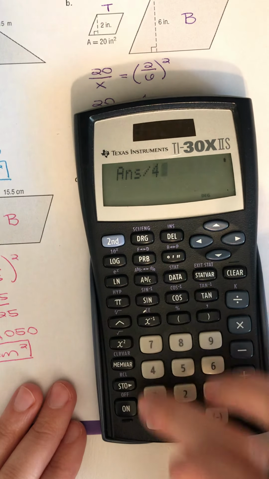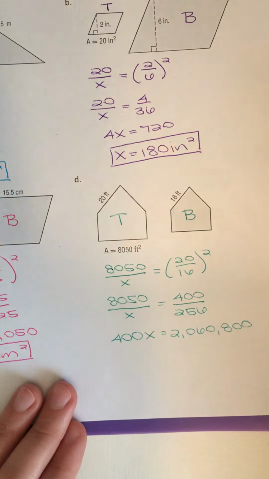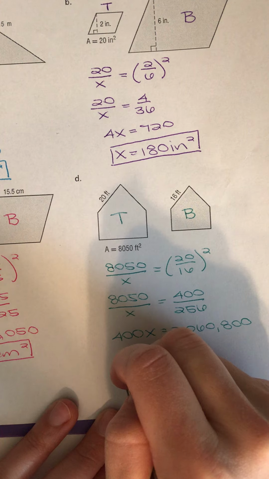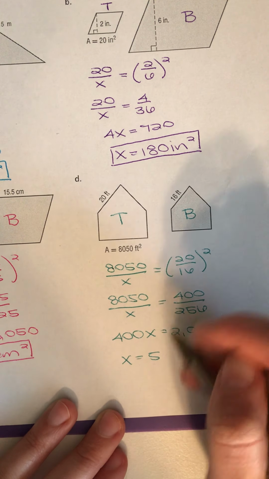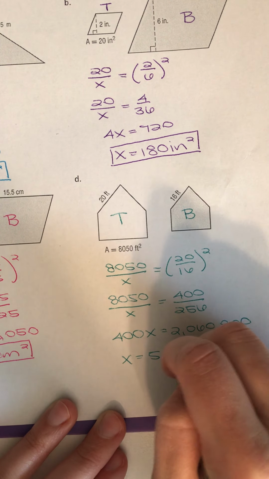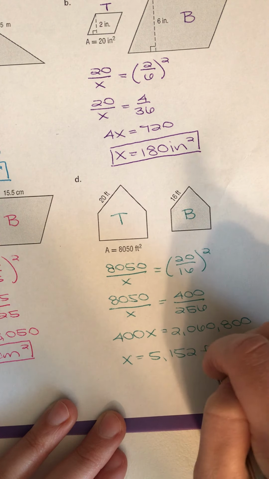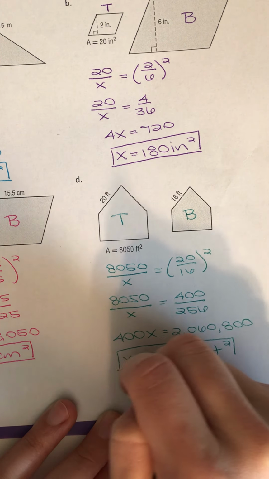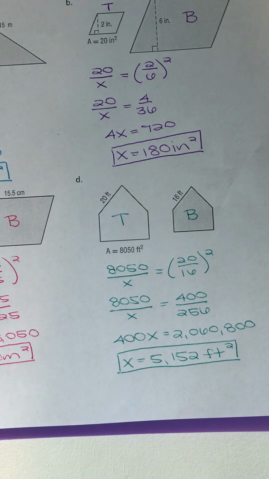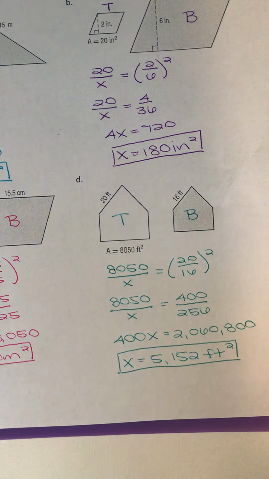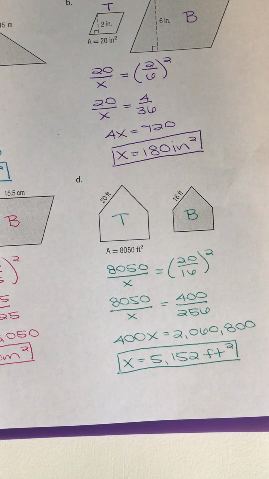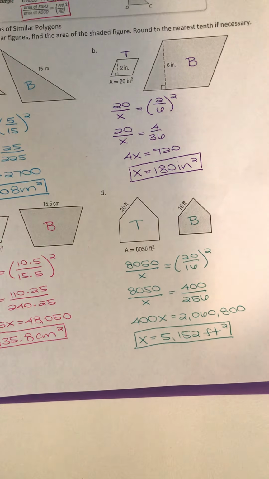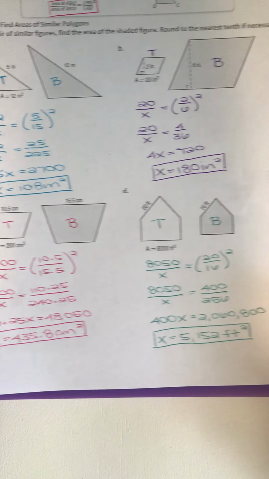Now I'm going to divide that big number by 400, and I get 5,152. So this is the first page.